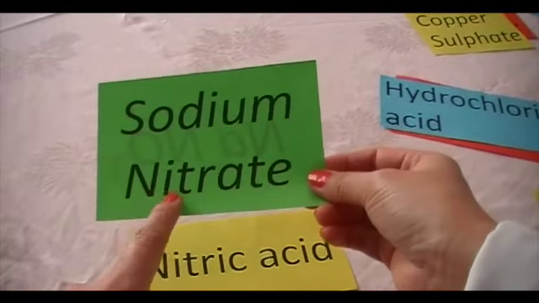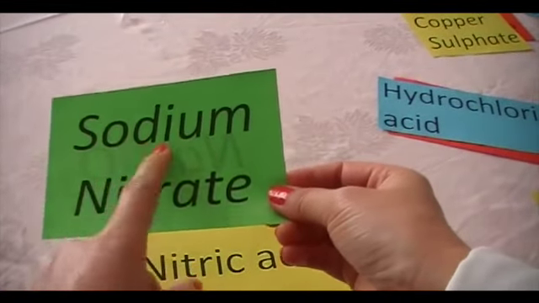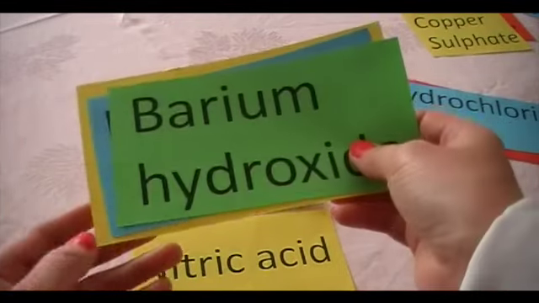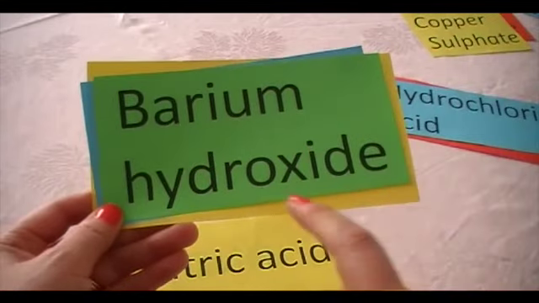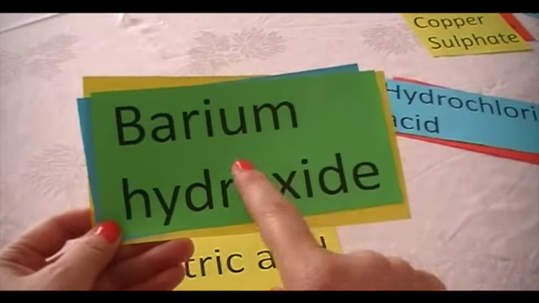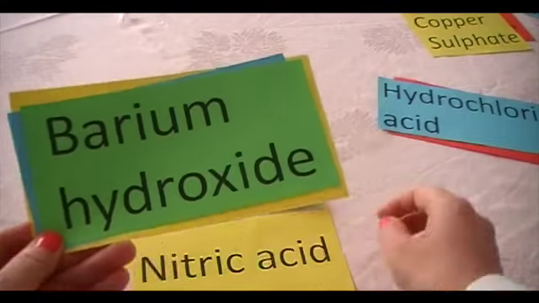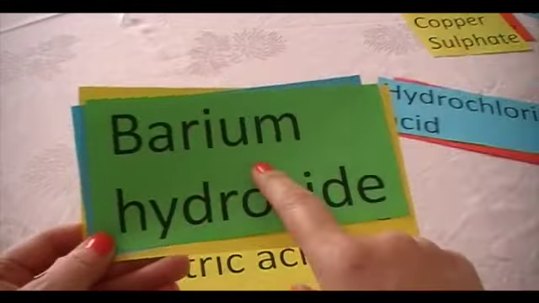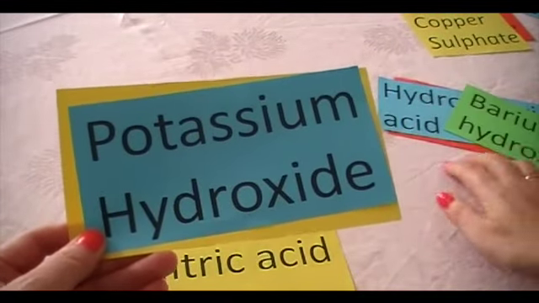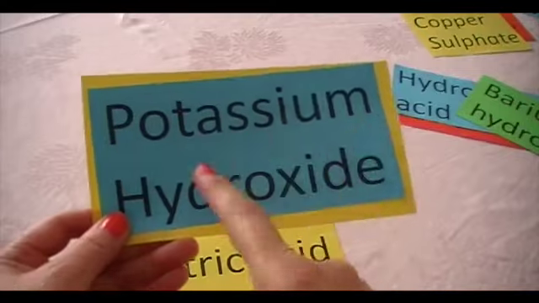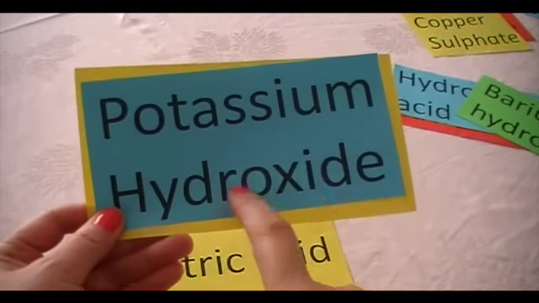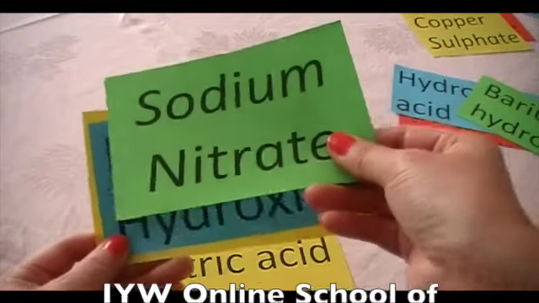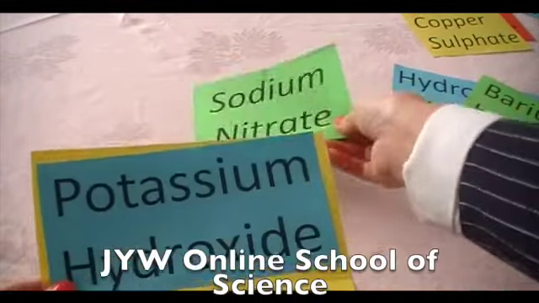But I also need an alkaline with sodium. You've got to have sodium. Now, this is an alkaline, I know, because it's hydroxide, but it's barium hydroxide. I want sodium nitrate, so this can't be right. This one, potassium hydroxide, it is an alkaline hydroxide, but it's potassium. What I wanted is sodium nitrate, so that's not right.